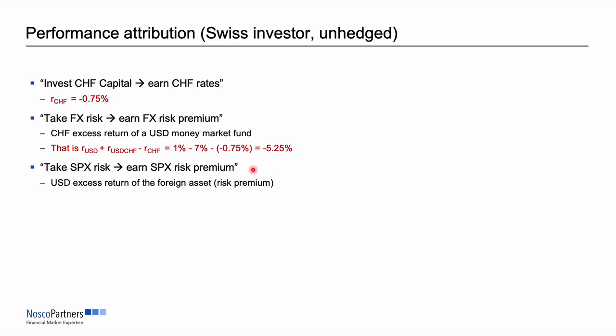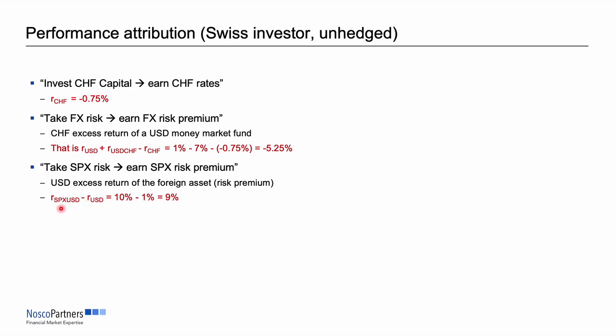Now the S&P risk premium, or let's say the S&P excess return. Excess return is again the return in excess to the base rate. Here we are already in the US dollar space, so we take as a base rate the US dollar interest rate.